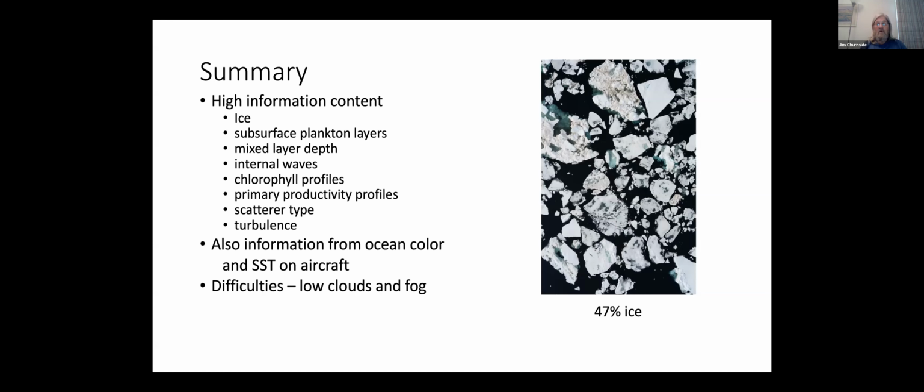We were able to be very flexible in where we flew on any given day, and we're able to fly below a lot of the clouds we see, and the lidar will penetrate through fog unless it's extremely thick. So we managed to get data pretty much every day. It just wasn't necessarily at a particular location. And so I will quit there, and we can go into the question and answers.